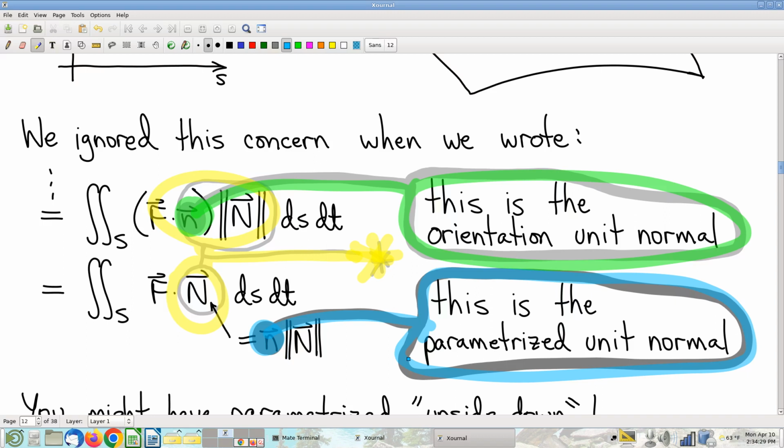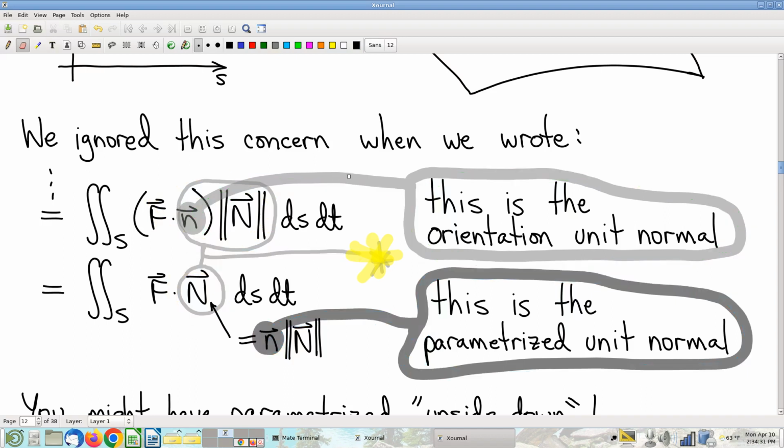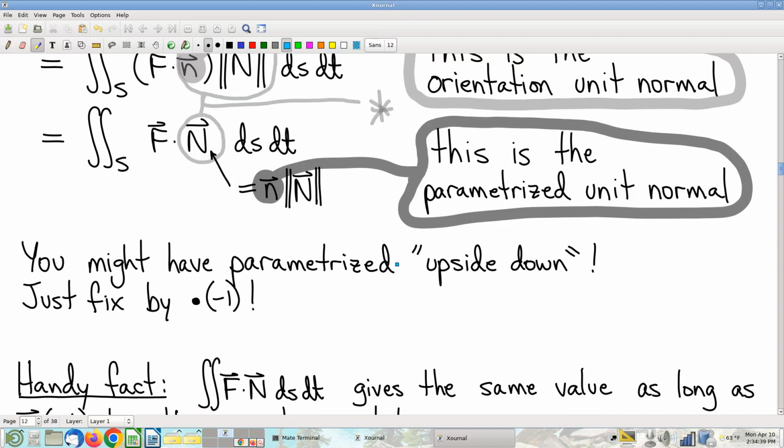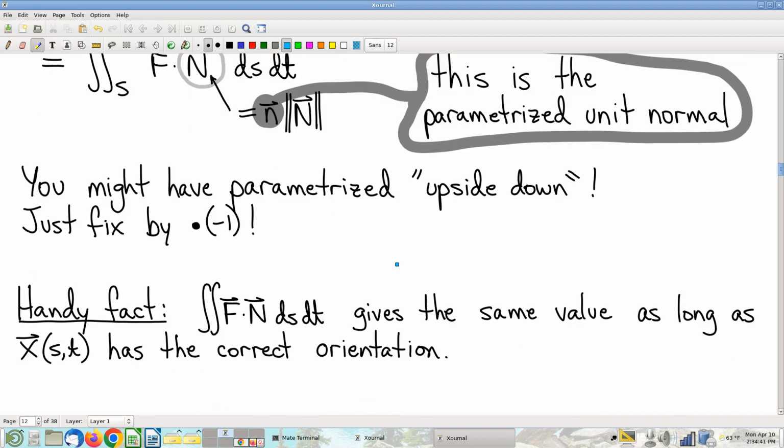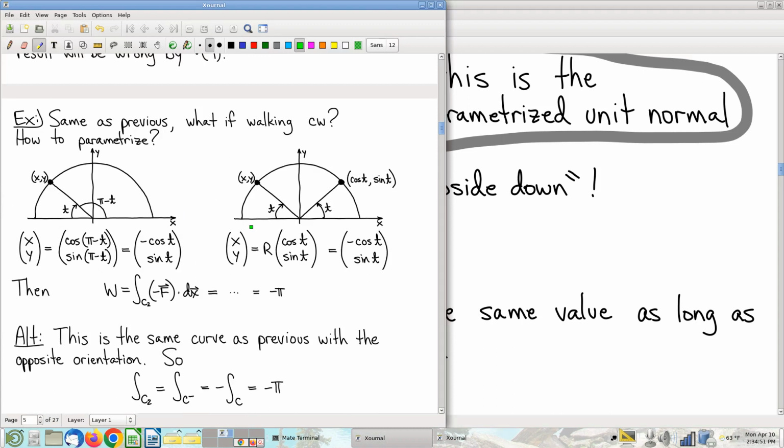Okay. All right. So, how do we deal with this? If it turns out that I've gotten the orientation wrong, do I need to reparameterize and start over? No. Good news. If you're wrong, then you're wrong by a factor of -1. And you may recall, and we did this back when we were doing line integrals, if you have parameterized the wrong way, just say so.